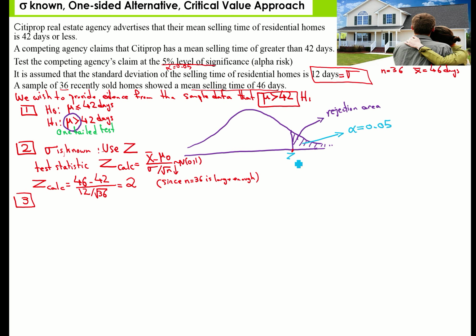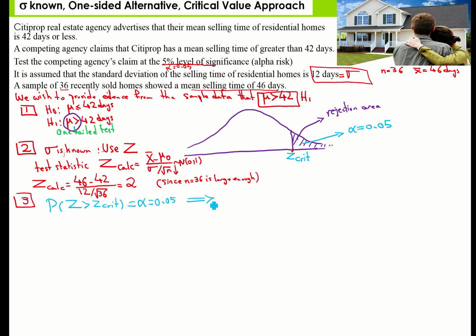So now we have to calculate the z critical. How do we calculate it? Actually, it is the z such that the probability of z greater than z critical is alpha, which is here 0.05.